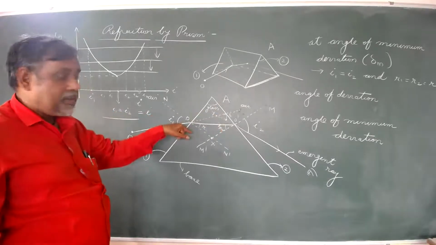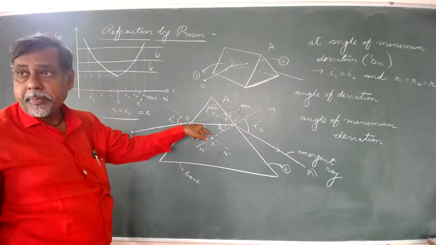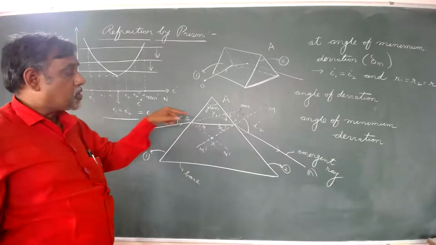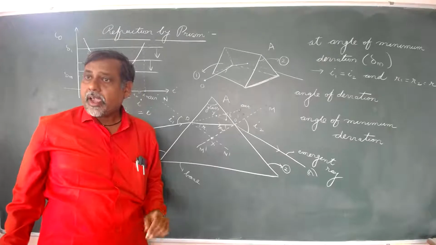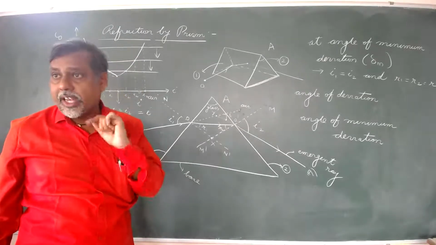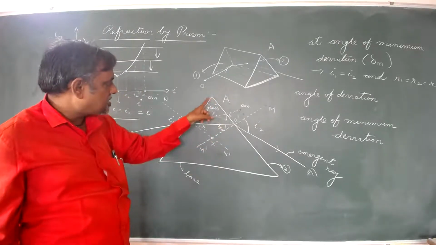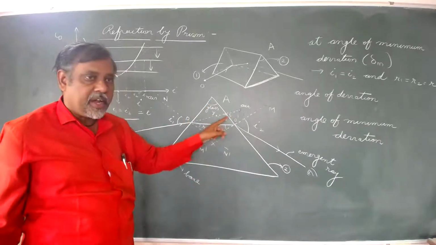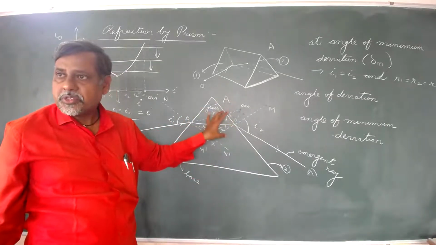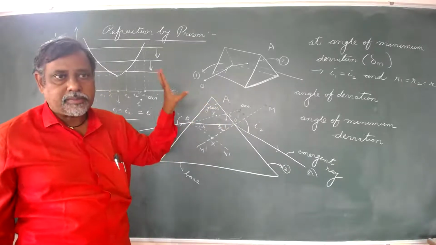In a quadrilateral, the sum of 2 opposite angles will be 180 degrees. Of course, sum of 2 opposite angles equal to 180 degrees happens in the case of a cyclic quadrilateral, but we can prove that this is a cyclic quadrilateral. A, O, X, and O dash forms a cyclic quadrilateral.